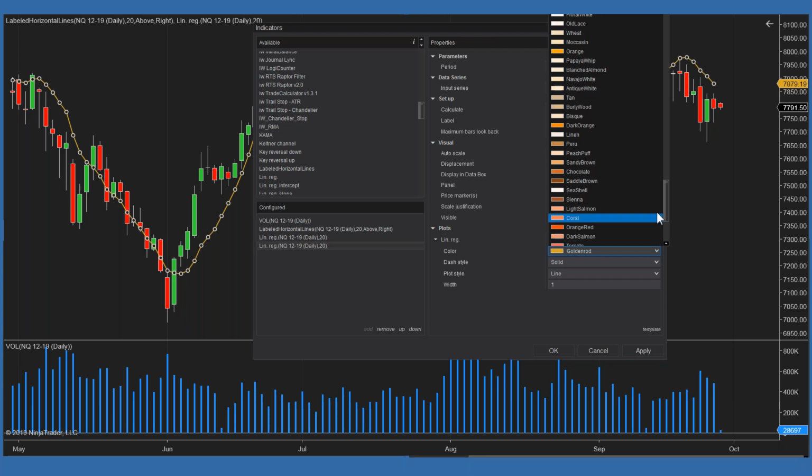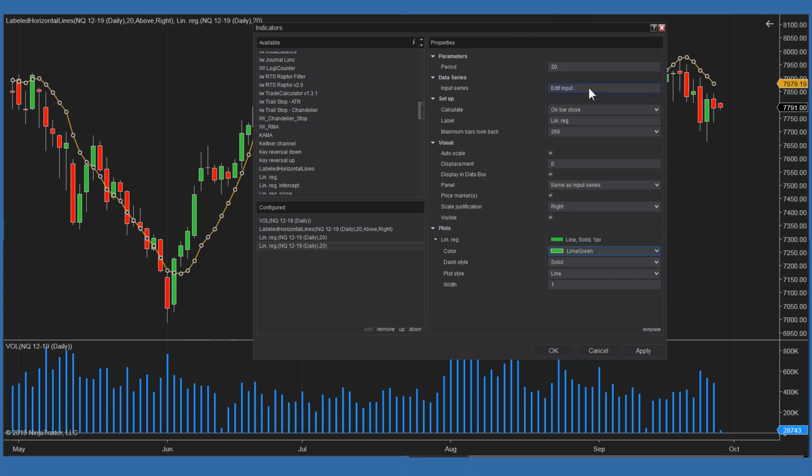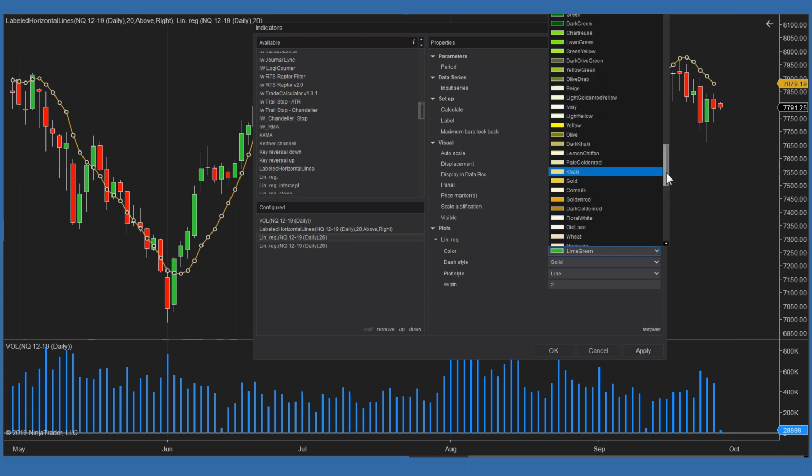Oh, actually, I should have made this one green. Okay, so I'll make this one green. And I'm going to displace it by 1 period. And I'm going to make the one which is not displaced, we'll make that one red.